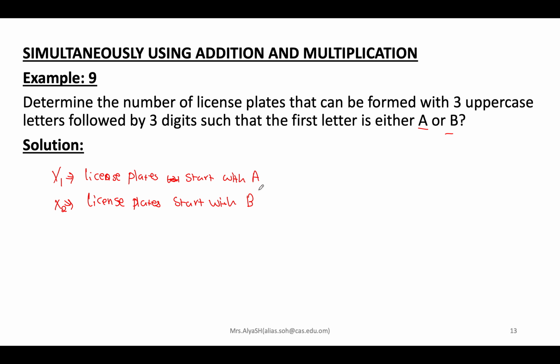So in order to find the number of those license plates that start either with A or with B, we need to find each one by itself.